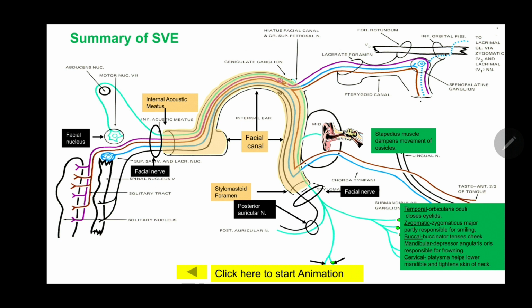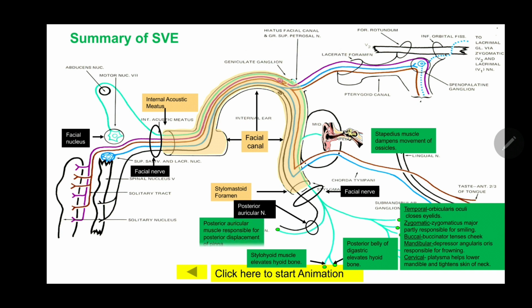Then this one is going for the stylohyoid and posterior belly of digastric, and this one you can see is reaching along to the stylohyoid muscle, so the stylohyoid muscle is also being innervated. And then look here, this one is reaching via the posterior auricular branch to supply the muscles of the ear. Got it? Posterior auricular muscle to the ear. Okay, so all of them you have been taught about.